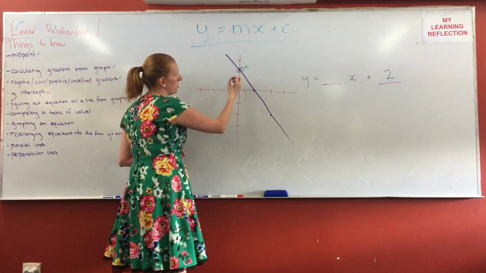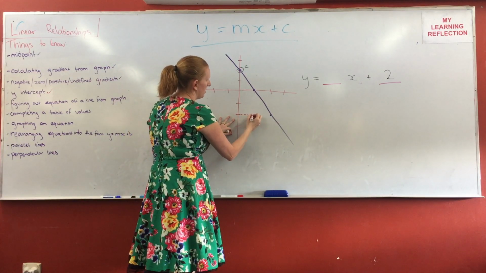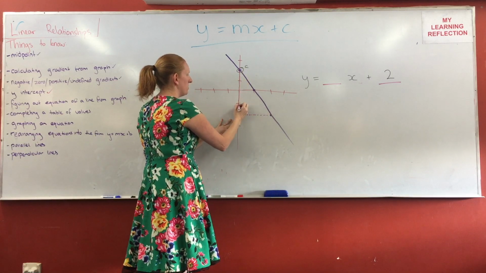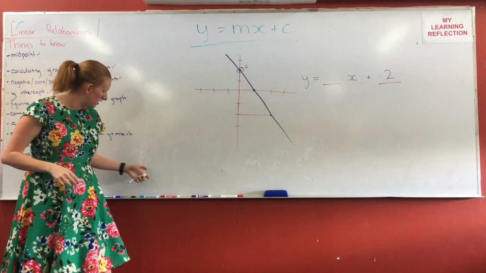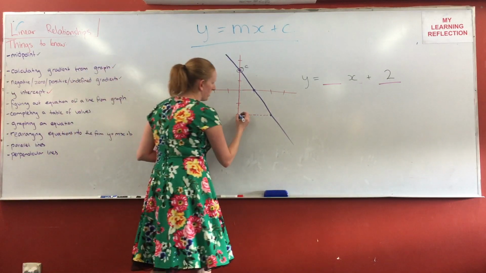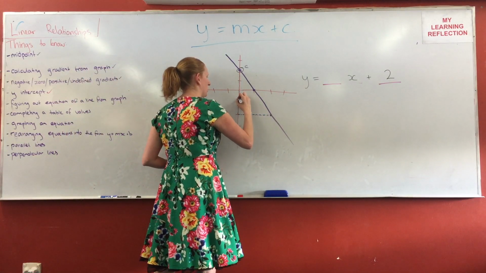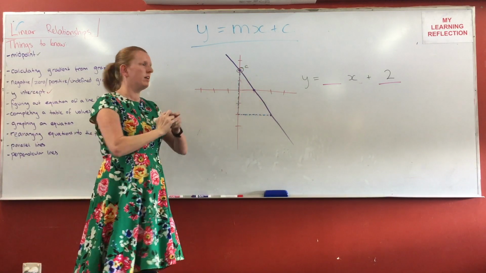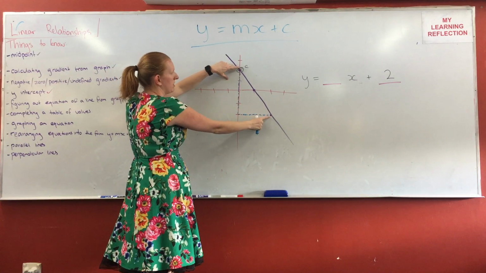But let's draw a triangle. I'm going to pick this dot and I'll use this line because it's pre-drawn for my viewing convenience. Actually, let me redraw that triangle in a different colour. So what I've done now is I've picked any 2 points along my line. I just randomly picked these 2.